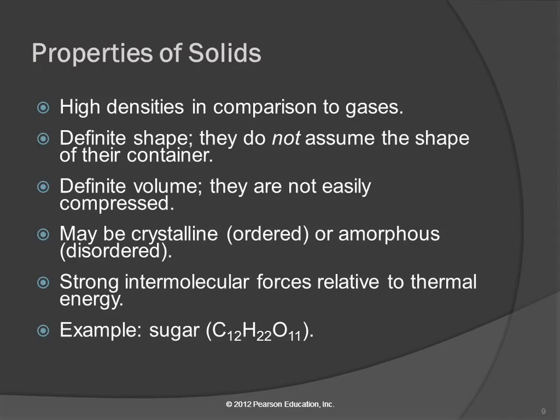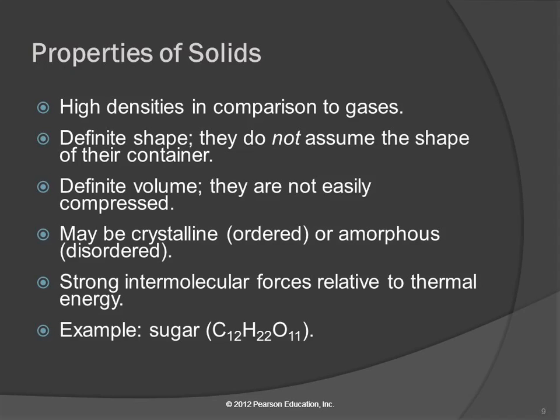Solids have definite shape and definite volume. They retain their shape regardless of what container they're in. They also retain their volume. They can be crystalline, in which the molecules have an order or a pattern to them, or they can be amorphous, meaning without shape, and so the particles are disordered. It'd be like if you have a bunch of kindergartners come in and you just tell them to sit on the floor.